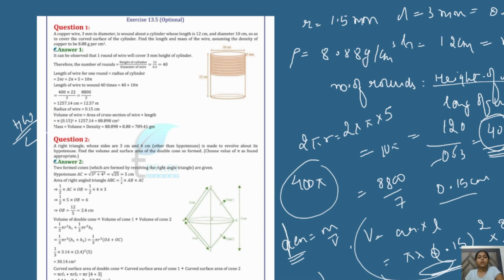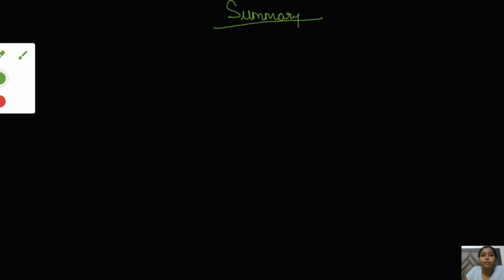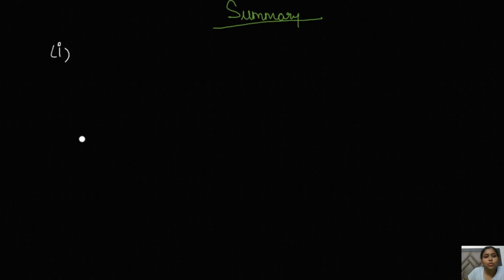Okay, so as always we will prepare a short summary for what we have learnt in this particular chapter. So I'm not writing the formulas that we have studied in earlier classes, I'm just writing out the topics. For the formulas, you can just go through class 9 sessions.